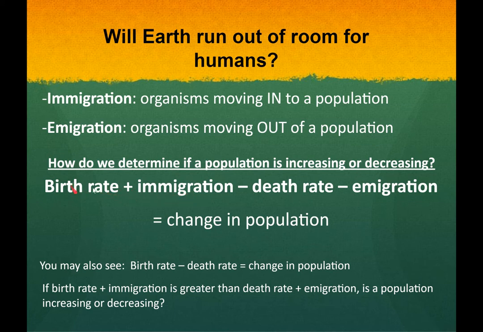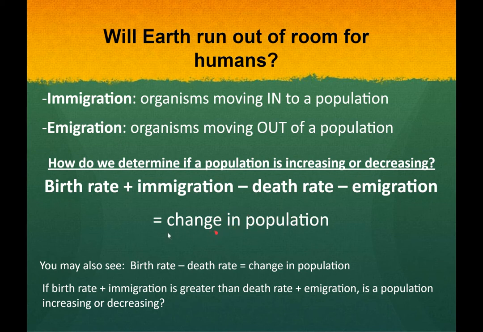So basically how many babies are being born that year, plus how many people moved into that area that year, minus your death rate, so how many people died that year, minus emigration, how many people moved out. So how many were born, plus how many moved in, minus how many died, minus how many left. That gives us a change in our population number.